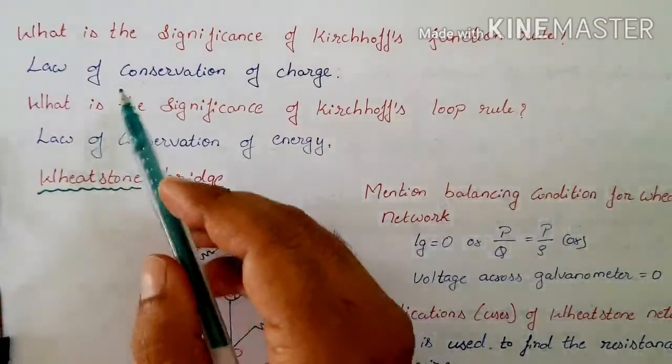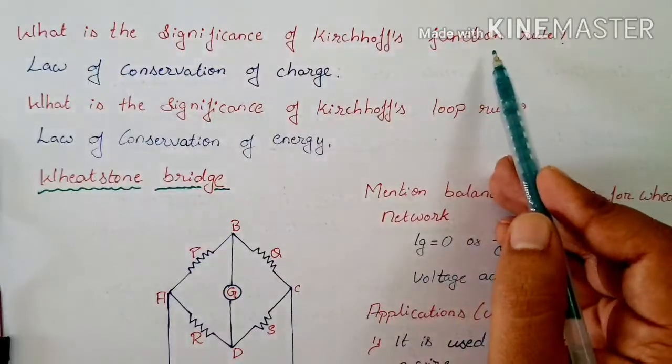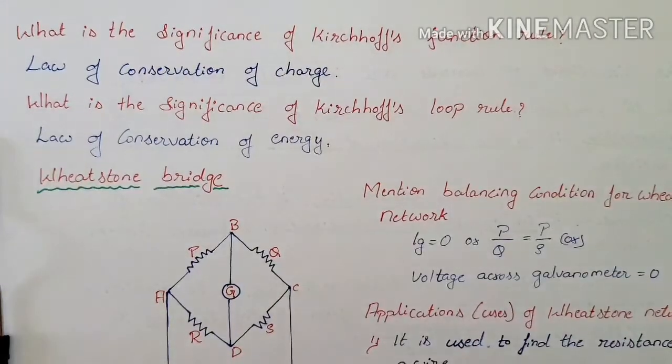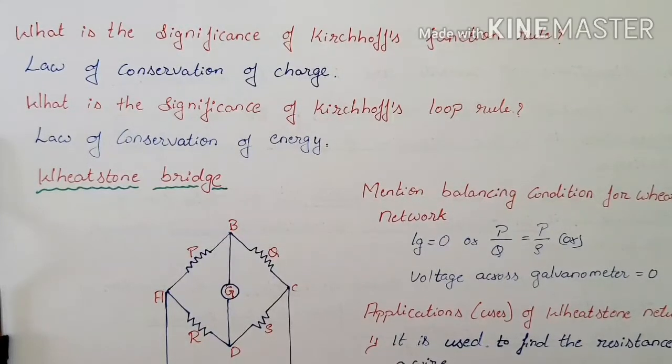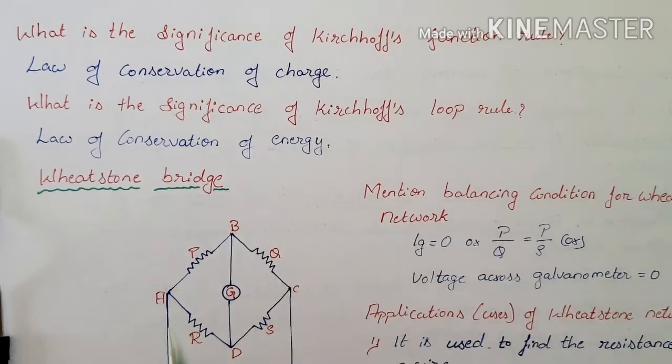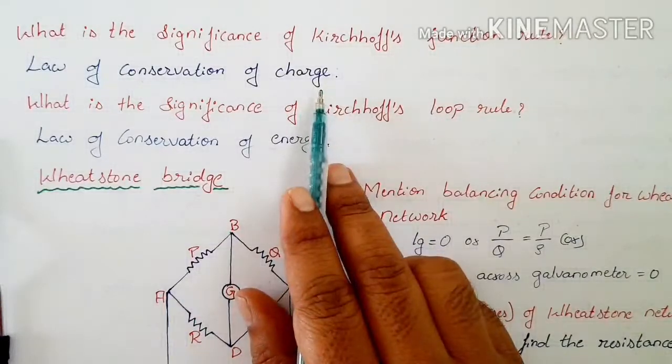Next, what is the significance of Kirchhoff's junction rule, meaning Kirchhoff's current law? As we studied, the amount of current that enters the junction, that much exits, so the algebraic sum of the current at the junction is 0. That means it is the law of conservation of charge.